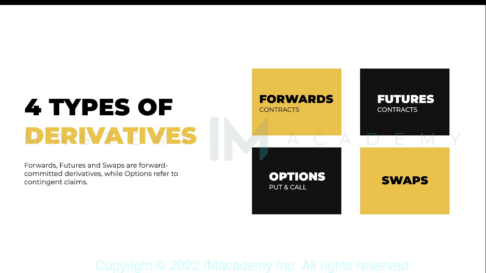So options have one extra burn button. If the forwards, futures, and swaps are forward commitments, options give an alternative to the parties of the contract, whether they want to use the contract or they don't want to use this contract. Okay? So we are going to talk about it in a second, and it's going to become much more clear.